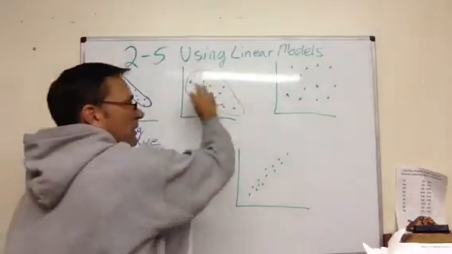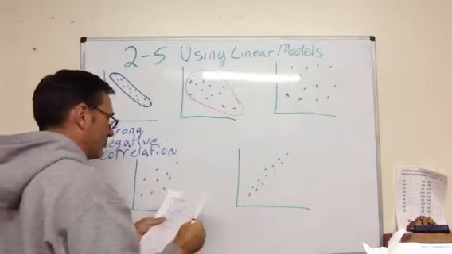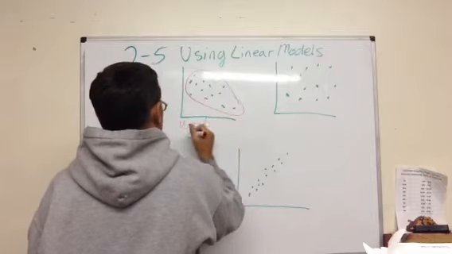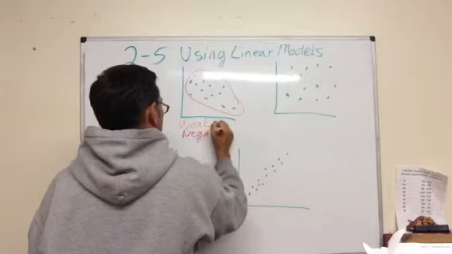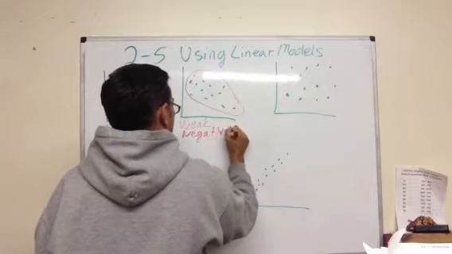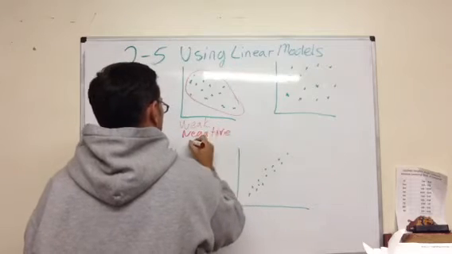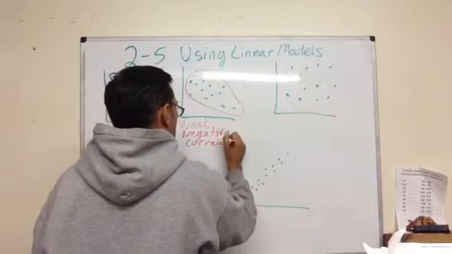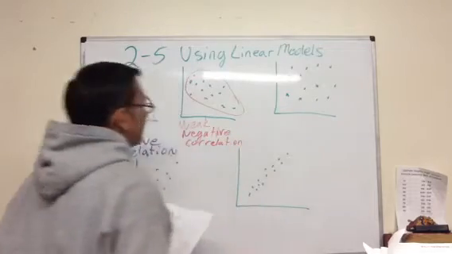There's still a little bit of a relationship here, but it's not strong. We would call this a weak negative correlation. So there's a little bit of a relationship, but it's not very strong.